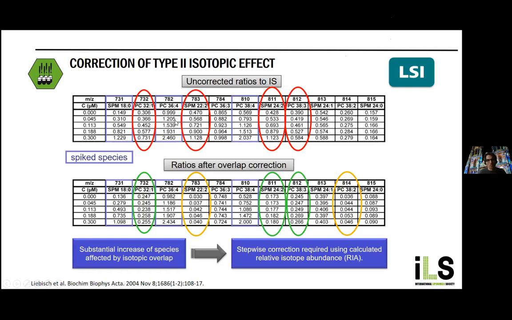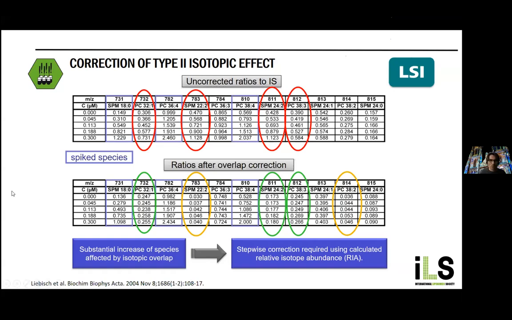In this experiment, we just spiked, for instance, the sphingomyelin m/z 731. And you see if we add it to, I think it was a plasma lipid extract, we get an increase also of this PC species, despite this PC species not being added in the experiment. So we need some kind of correction for that.